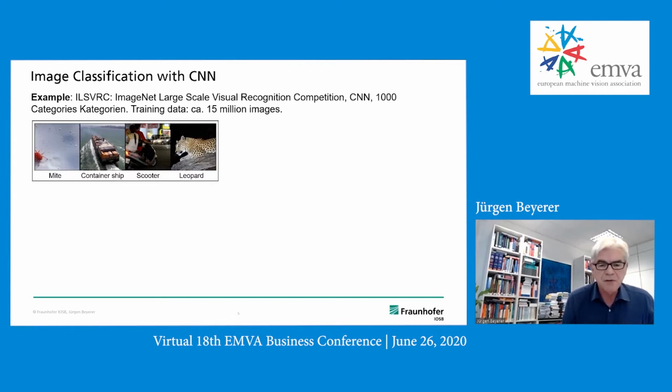The disruptive power of machine learning and image processing can be seen, for example, regarding the ImageNet large-scale visual recognition competition. It runs since 2010, and there are about 15 million images as training data, and we have there 1,000 categories to be classified.